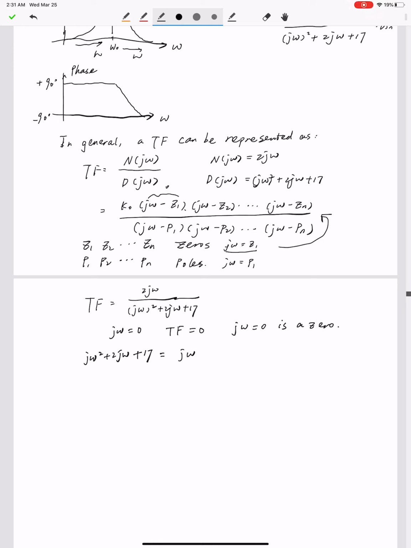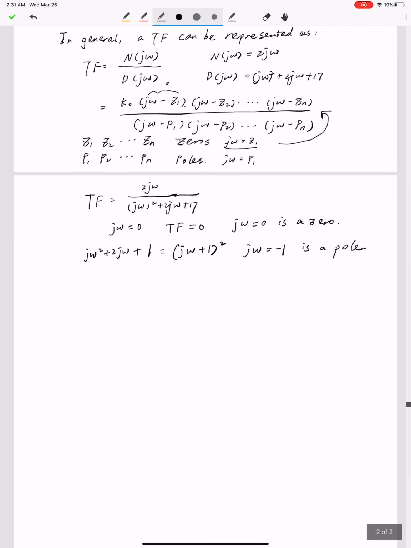Yeah, it's not easy to find, but if I change this number to 1, then this function becomes j omega plus 1 squared, and you can find the pole of this transfer function, and that will be j omega equals minus 1, right? j omega equals minus 1 is a pole.